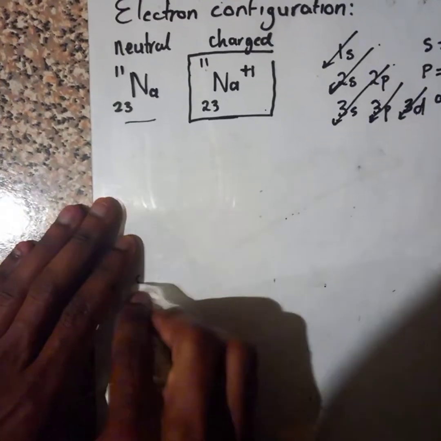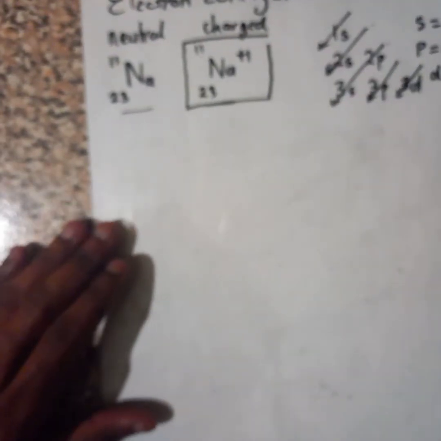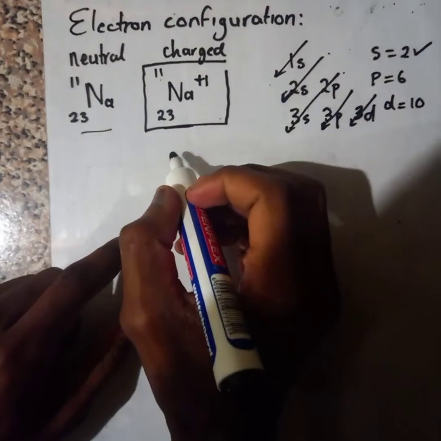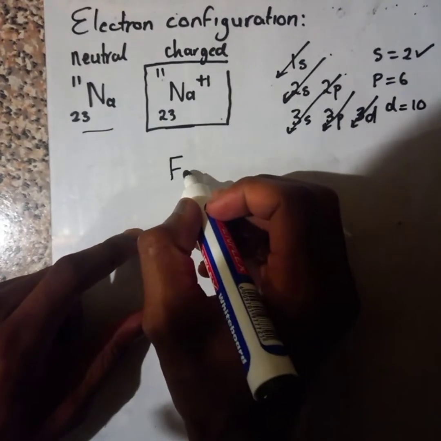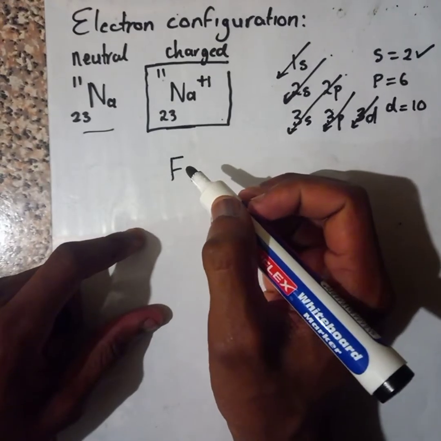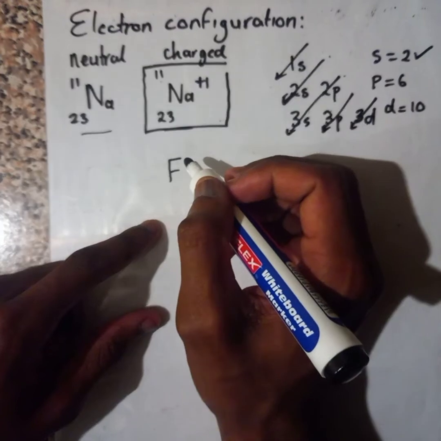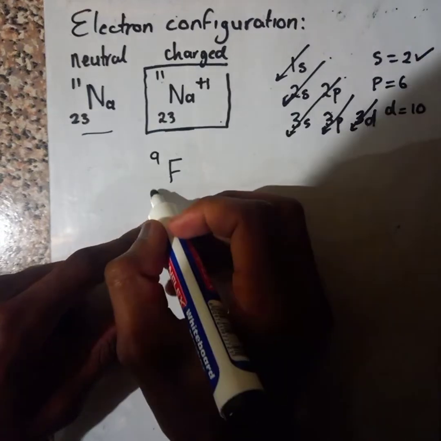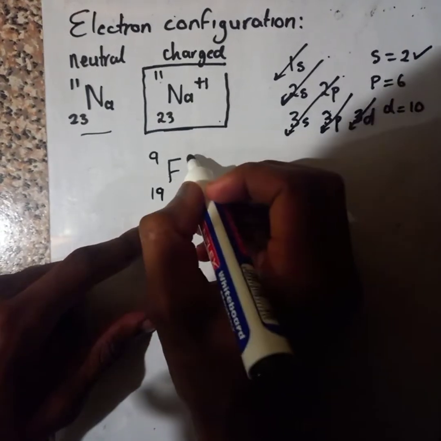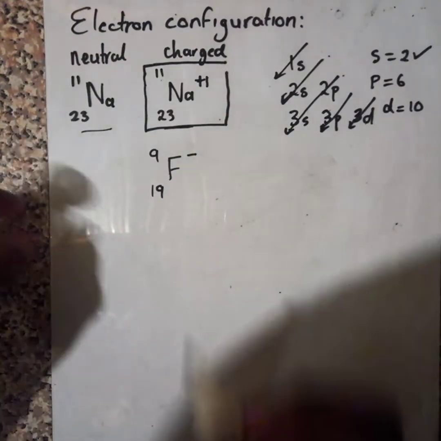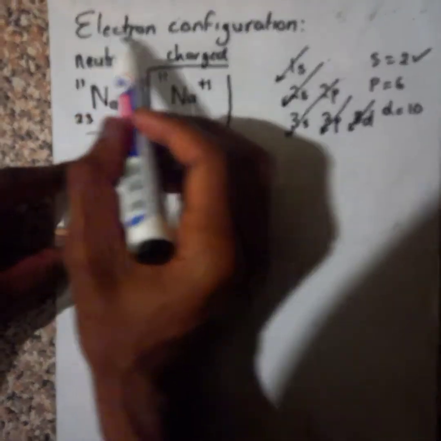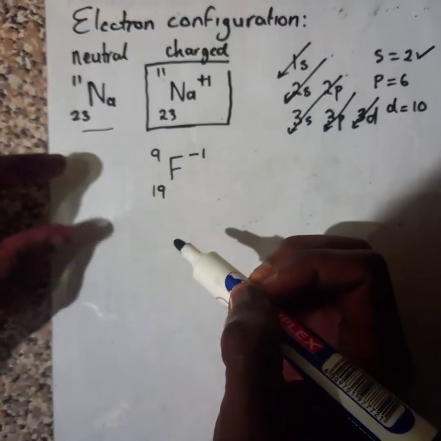Let's say if by chance they give us F, fluoride, with an atomic number of 9, then it has the atomic mass of 19, then we include a -1. Then how are we going to write the electron configuration of this one?